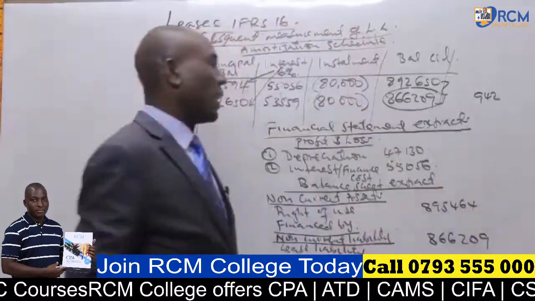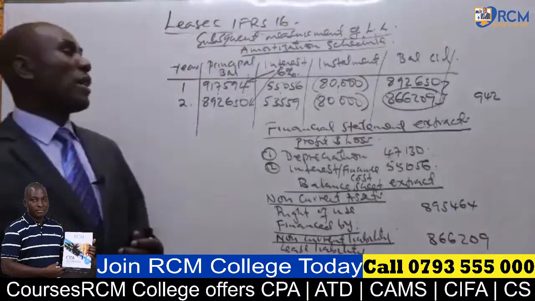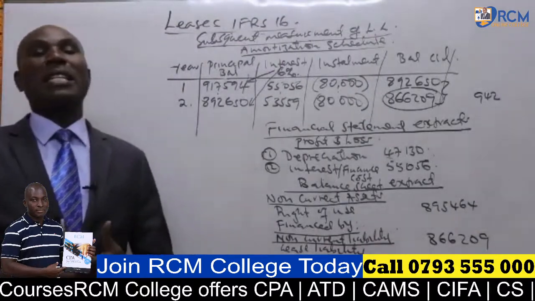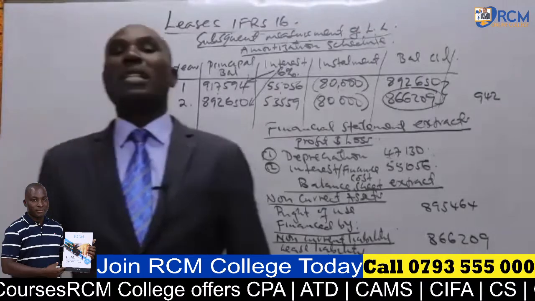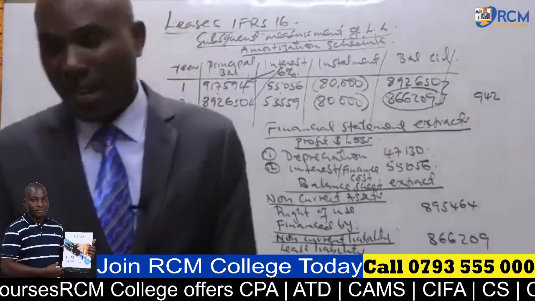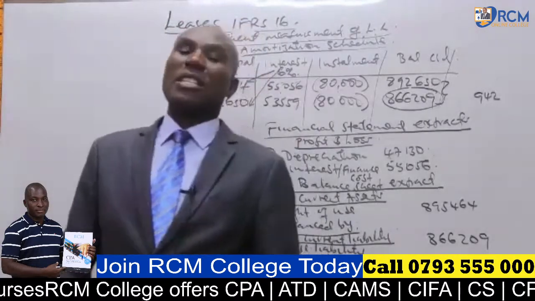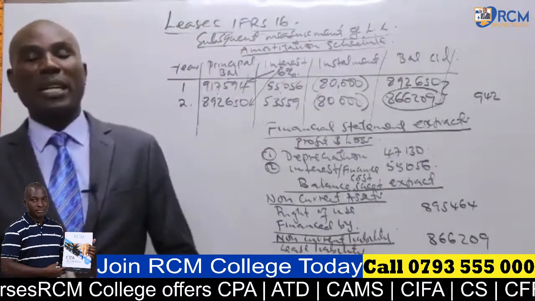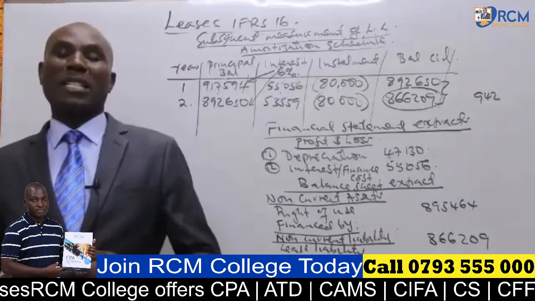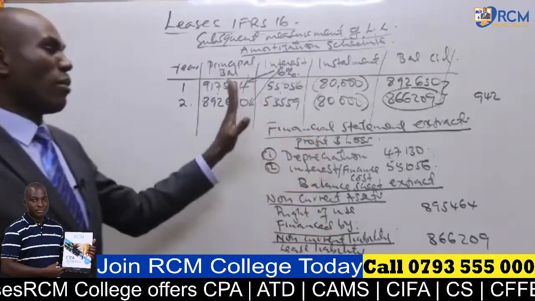In our next question, we shall be doing where payments are made in advance. In our next discussion, we shall be doing lease when payments are made in advance, so that we remove all this.